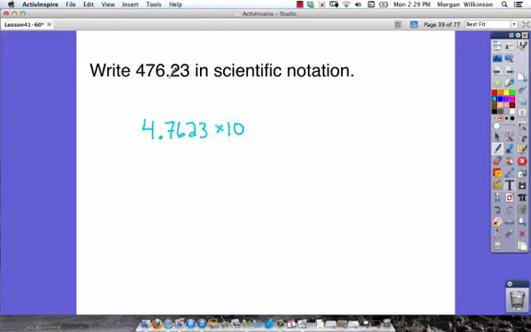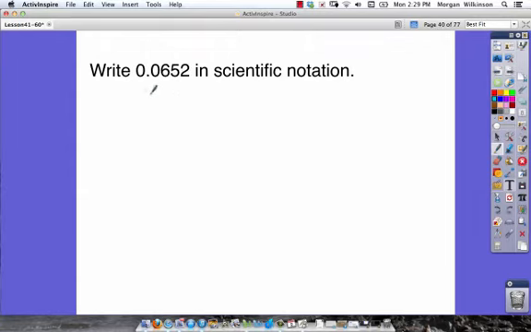To figure out our power, we figure out how many spots we have to move the decimal to get the 4 to be in our ones place. We have to move it once, twice to get it right there. So we're going to have 10 to the 2nd power. We've got our number written in scientific notation: 4.7623 times 10 to the 2nd power. And we're all done.